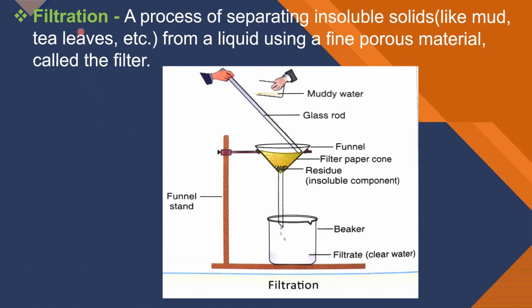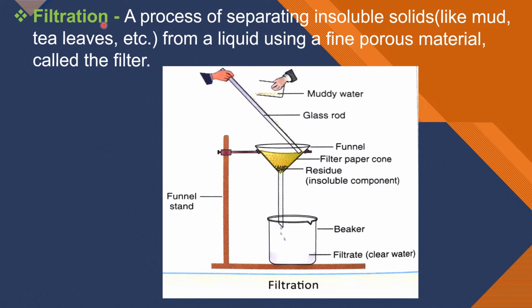Filtration. Students, in order to make tap water fit for drinking, we often filter it. In this process, the insoluble solid impurities are separated from the water to make it fit for drinking.